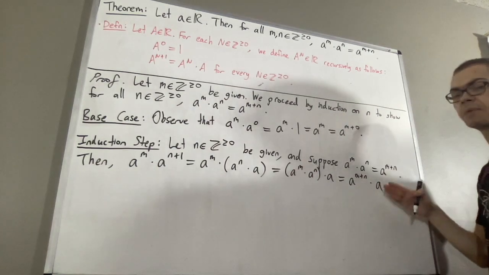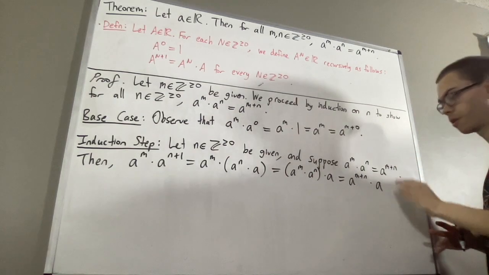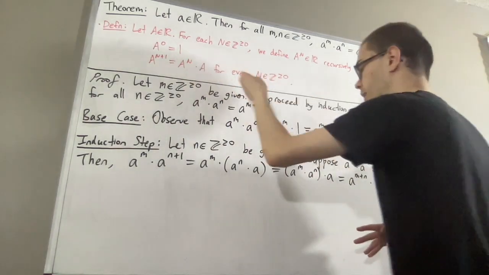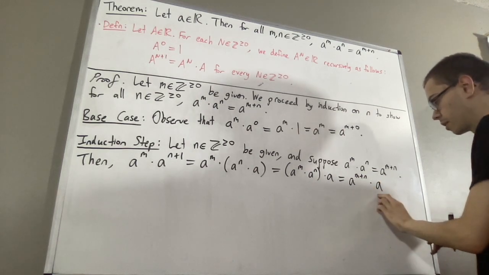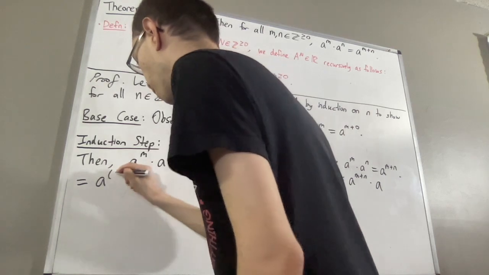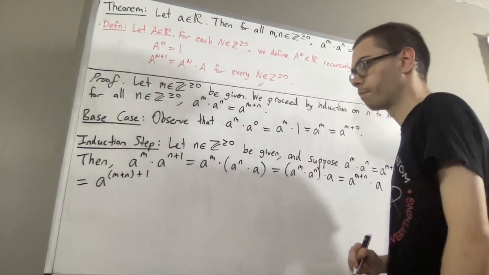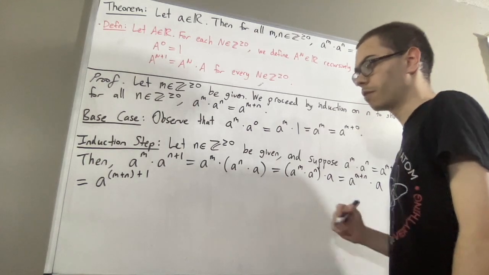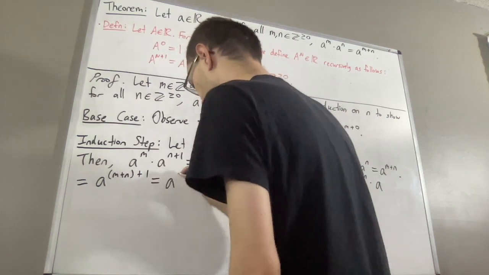But now we're in a position to apply the second part of our definition again. Applying the second part again, we have that a to the power of m plus n times a is equal to a to the power of m plus n plus 1. But then we just move these parentheses around n plus 1 by the associative law.